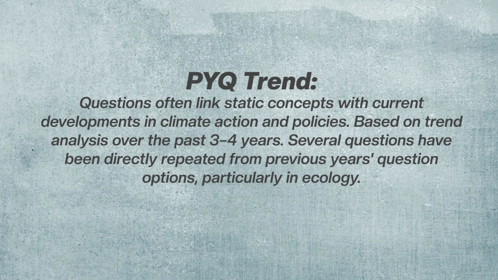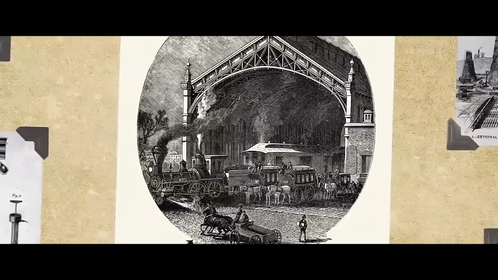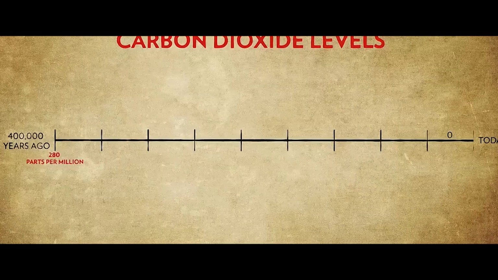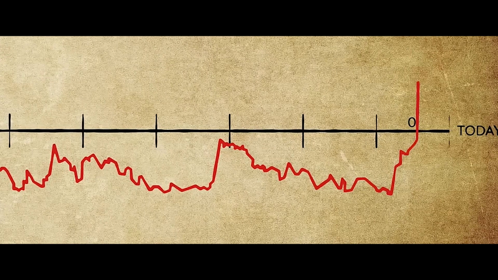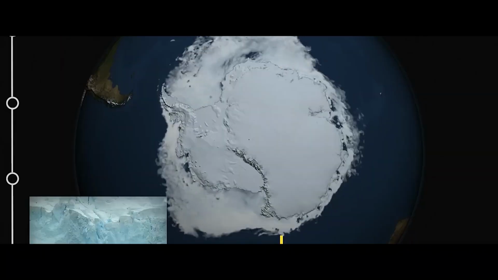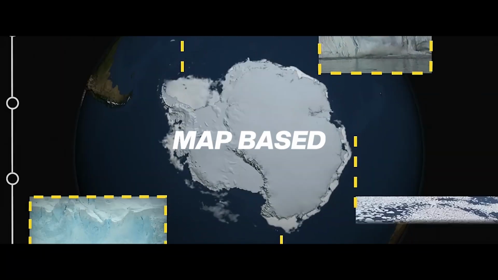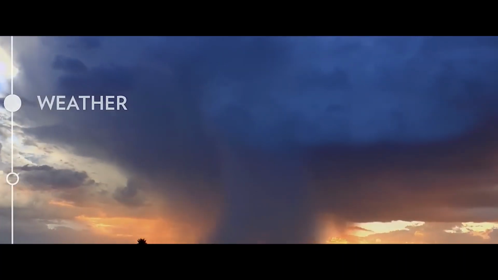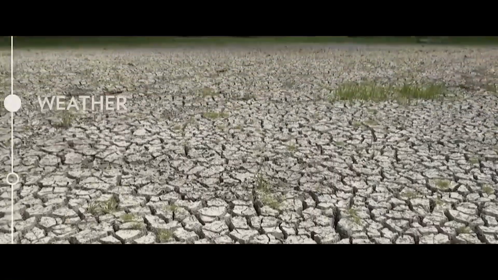Several questions have been directly repeated from previous years' question options, particularly in ecology. How to approach: conceptual clarity in foundational topics, that is biodiversity, conservation, treaties, etc., and current affairs integration, focusing on latest reports, agreements, and map-based visualization: biosphere reserves, national parks, key ecological zones, etc.